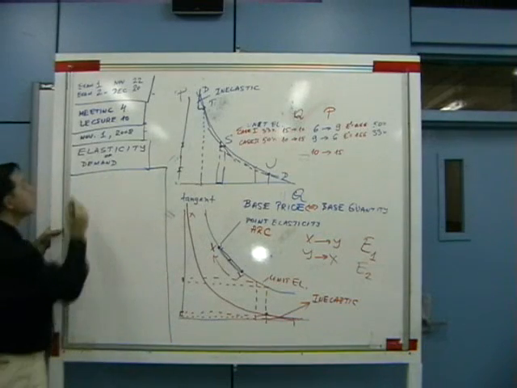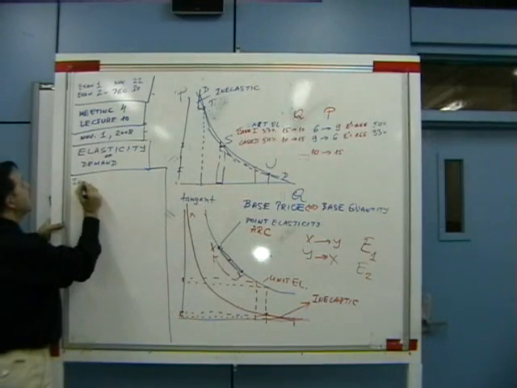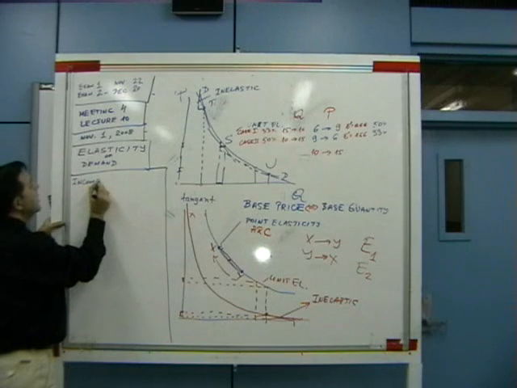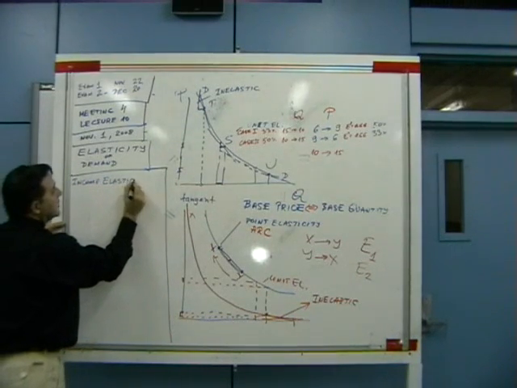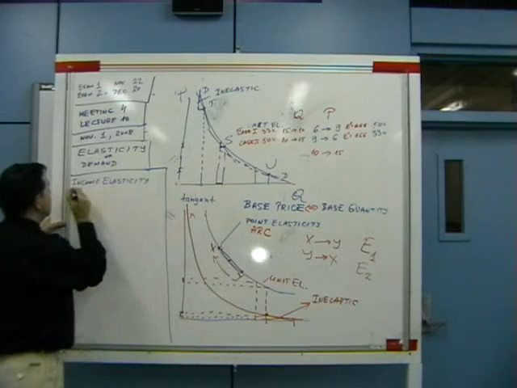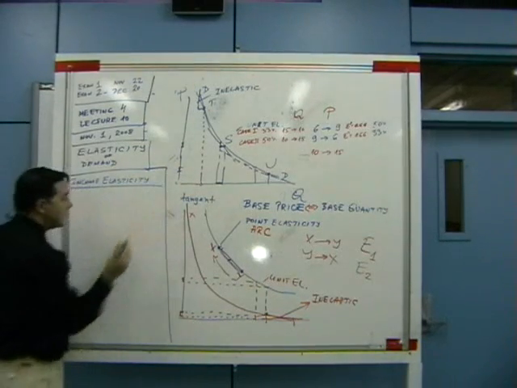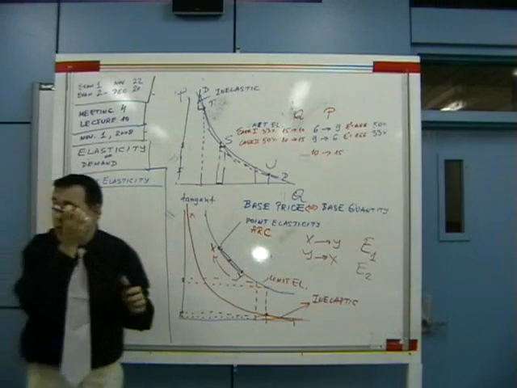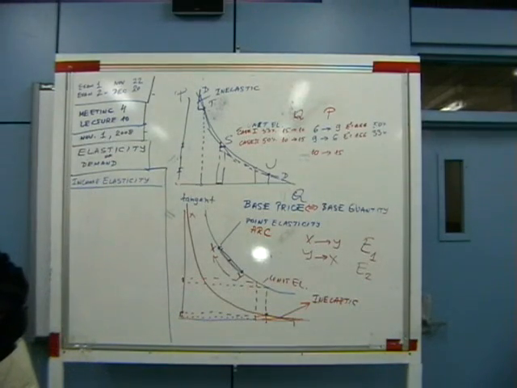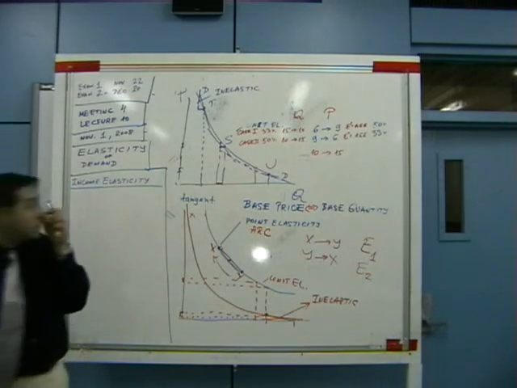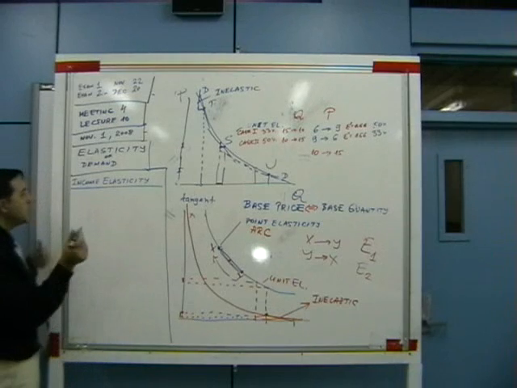The next concept is that of income elasticity. So what will represent income elasticity? Let's see, delta change in quantity.